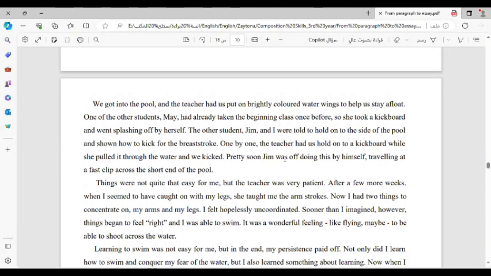One by one, the teacher had us hold on to a kickboard while she pulled it through the water and we kicked. Pretty soon, Jim was off doing this by himself, traveling at a fast clip across the short end of the pool.